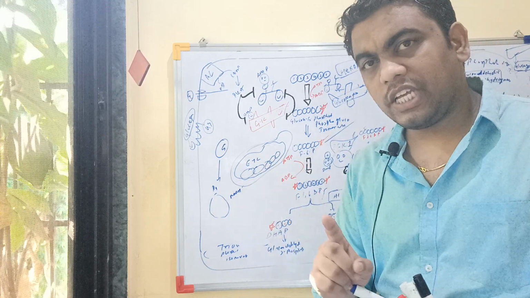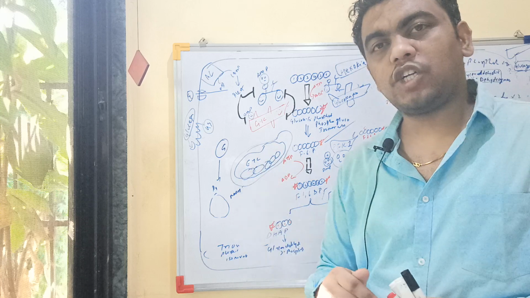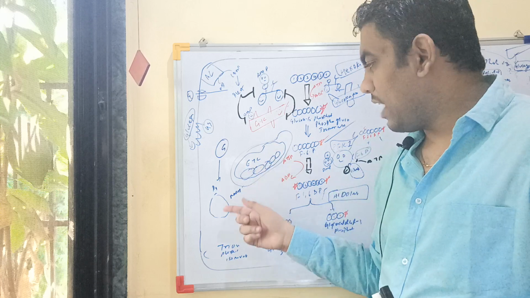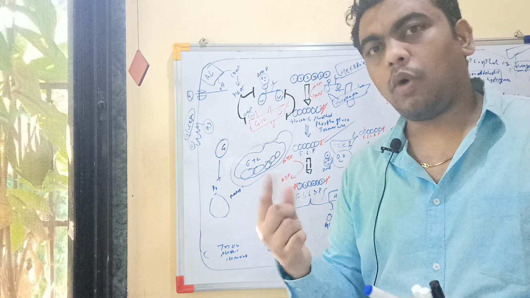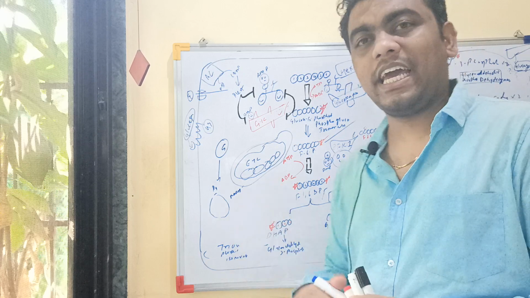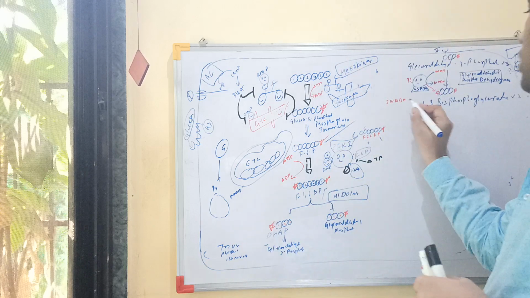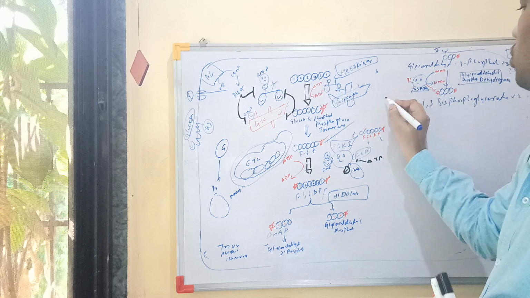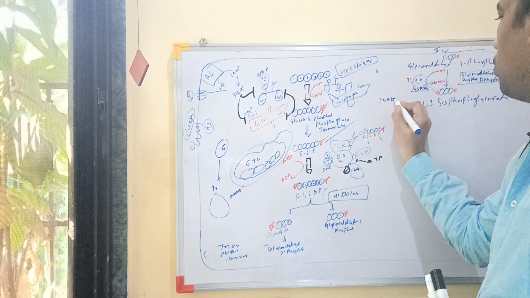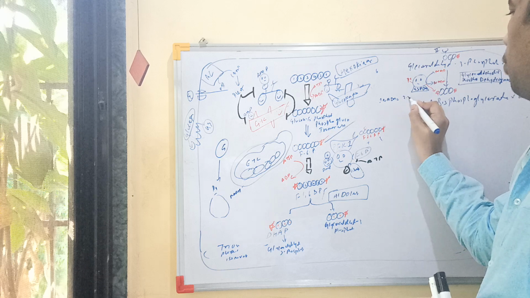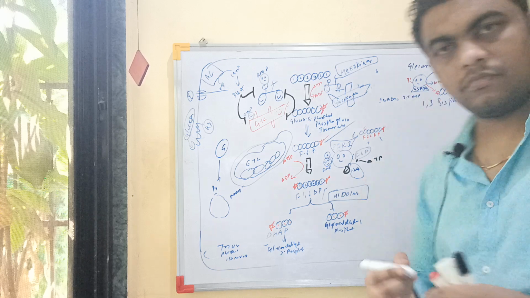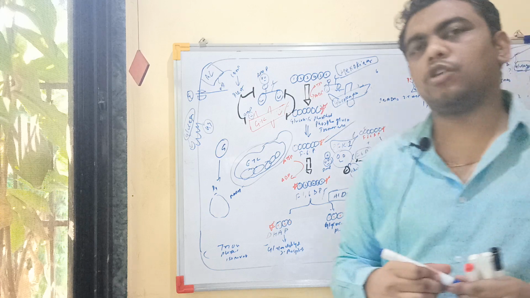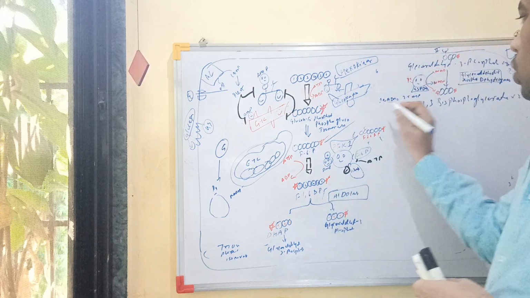So if you have oxygen and you have the electron transport chain, then you can cash this NADH. So what is it worth? How many rupees is this NADH worth? So 1 NADH is equal to 2.5 ATP. 1 NADH is equal to 2.5 ATP. So we have 2 NADH.